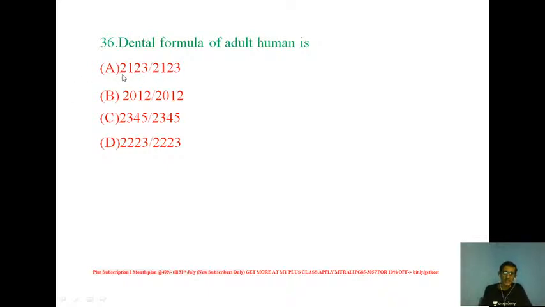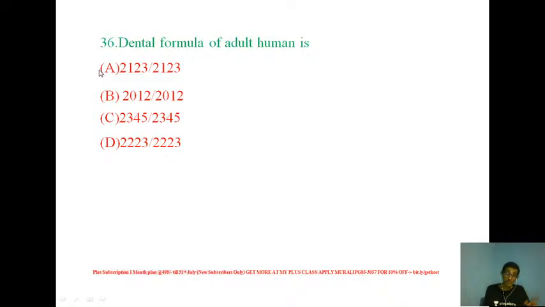Incisor, canine, premolar and molar. If you take half of the jaw, it has 2 incisors, 1 canine, 2 premolars and 3 molar teeth. So the answer is A. In the exam they will ask 2123 bar 2123.